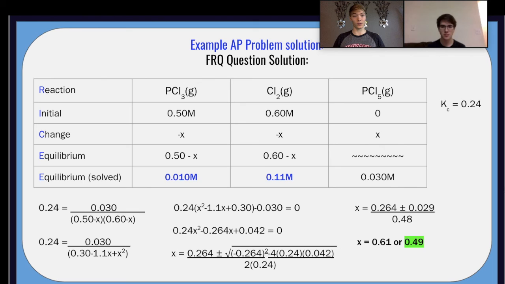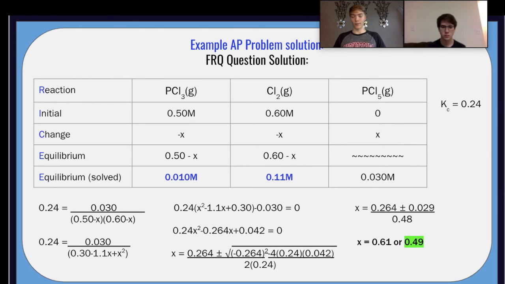It's 0.03 molar. However, we don't know the equilibrium values for the reactants. All we know is that it's 0.50 minus x and 0.60 minus x. So what we're going to do is plug this into our equilibrium constant equation. That would be 0.24 equals 0.030 all over (0.50 minus x) times (0.60 minus x).